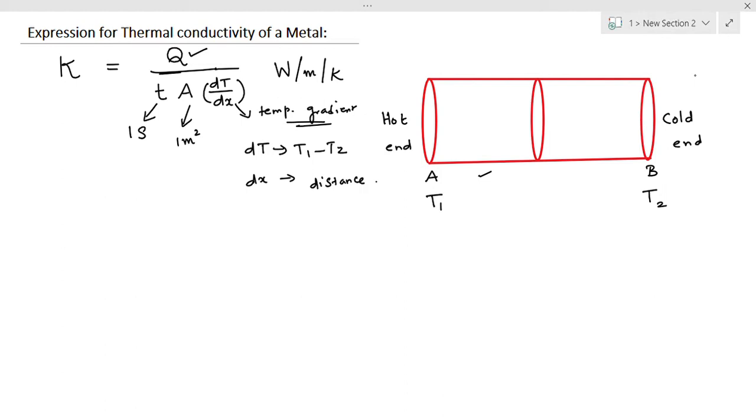Let the distance between the two ends be 2L, or the length of the rod is taken as 2L.